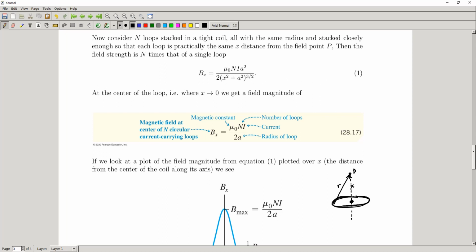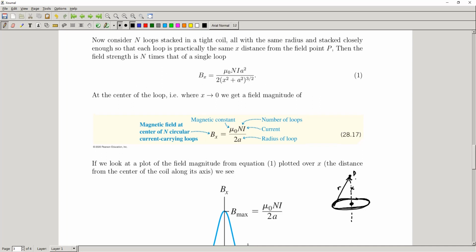What does the magnetic field look like, or at least what does the magnetic field's magnitude look like as we move over x, right? So we can imagine that we're letting x vary here, so we're letting our point P move upward and downward. It's only moving in one dimension, but it's basically moving along this line wherever it wants to.